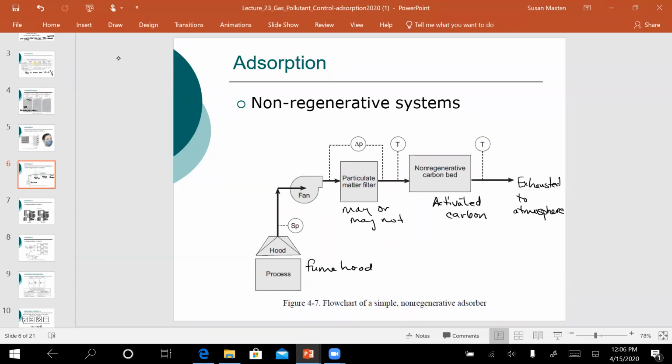So we don't attempt to do any sort of regeneration of that carbon on-site. It's simply replaced with a new cartridge, and then perhaps sent back to a company where they could do a bulk regeneration of multiple cartridge materials.